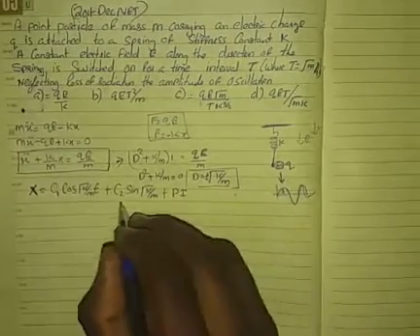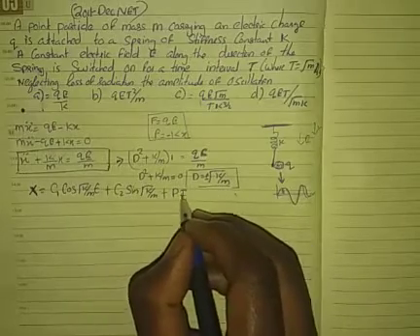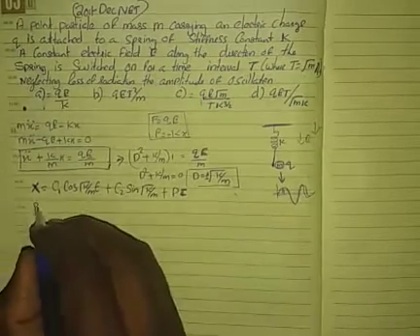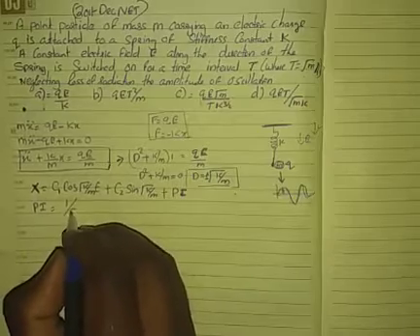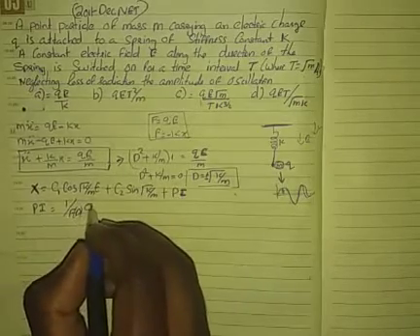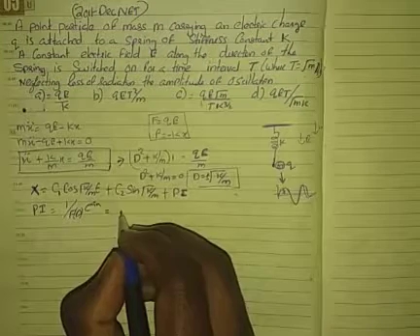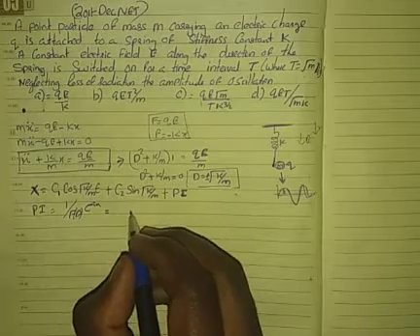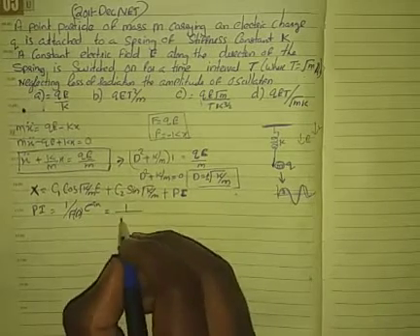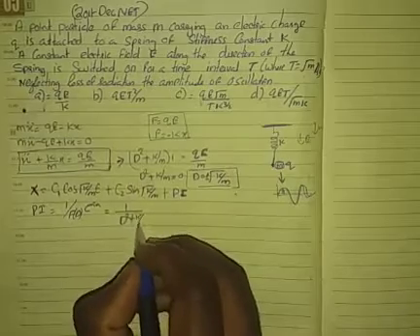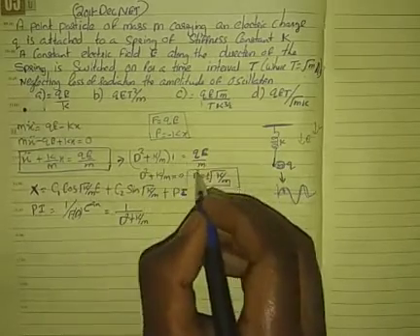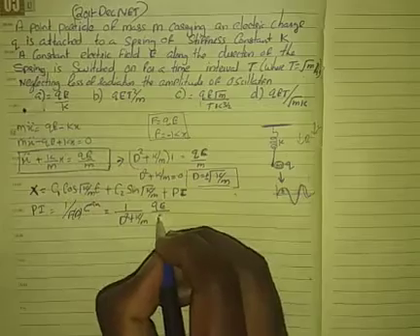So we need to find the complementary function, which we have already found. We need the particular integral. The particular integral can be found as 1 by f of D into e raised to ax, so here it's e raised to 0. So it's 1 by D squared plus k by m, into qE by m.